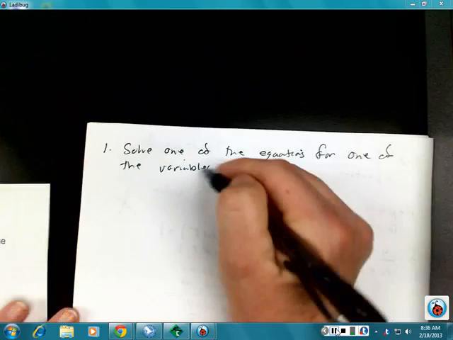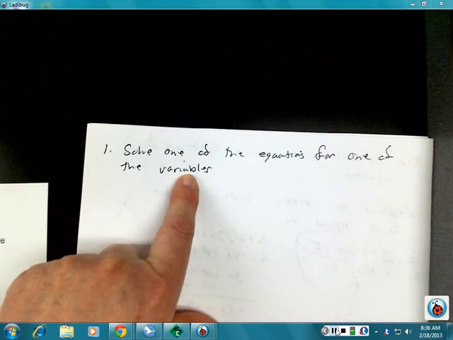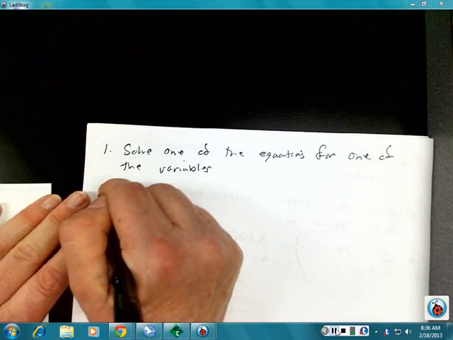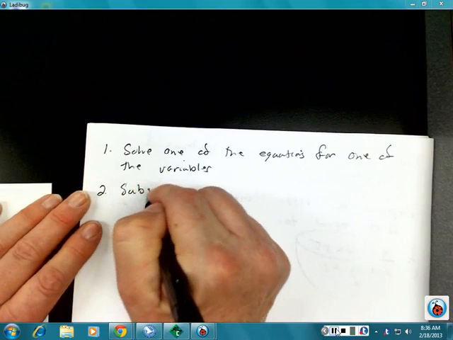Okay? So whichever variable you happen to pick. So again, if you've got one that's already solved like that last one we just did, you've got it already in your hands there.